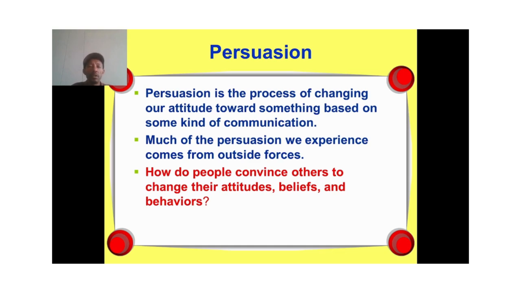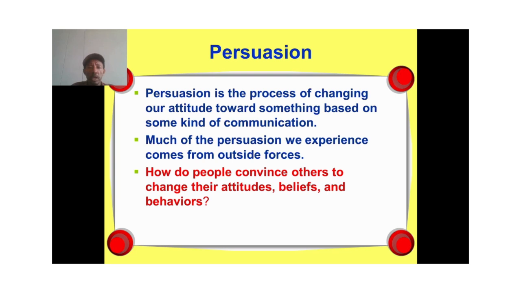So it is a process of changing our attitude towards the object of attitude based on some kind of effective strategic communication. So much of the persuasion we experience comes from outside forces, even though there are certain internal forces, such as, for instance, motivation, attention, and intrinsic motivation.